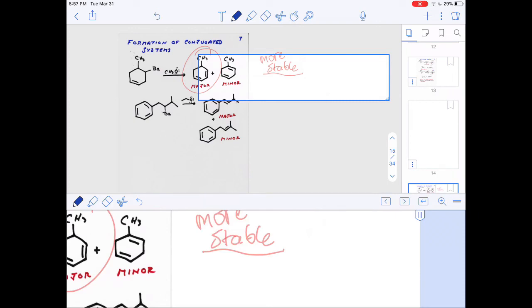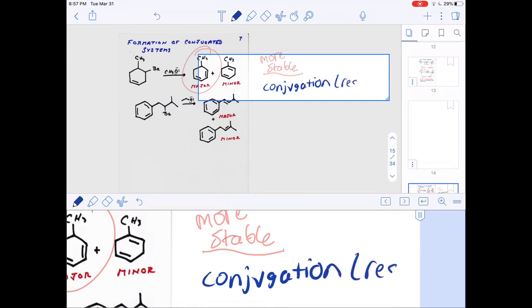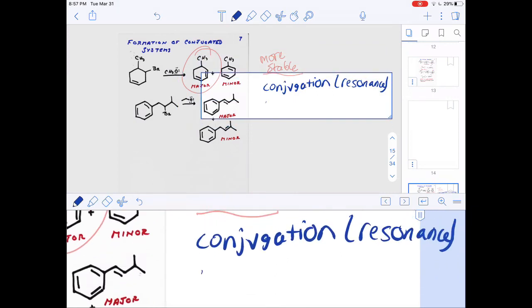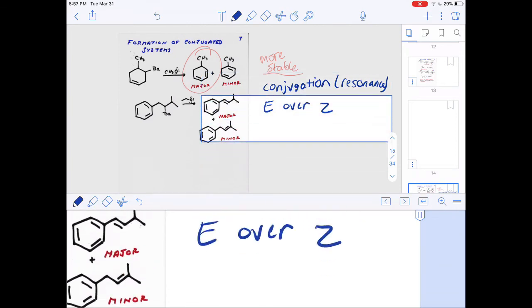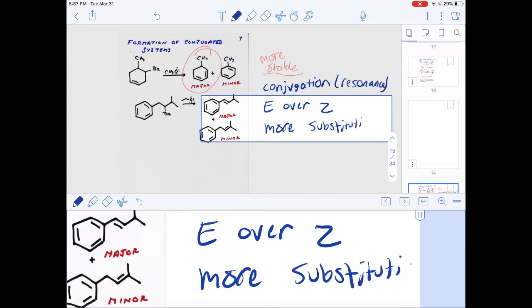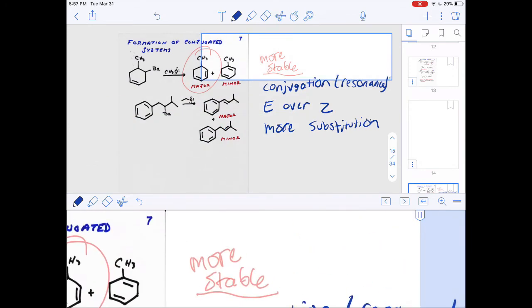So for the product to be more stable, it's going to have conjugation. So resonance, basically. It's going to prefer E over Z double bonds, and it's going to want more substitution. So that's how you know if it's going to be the major product.